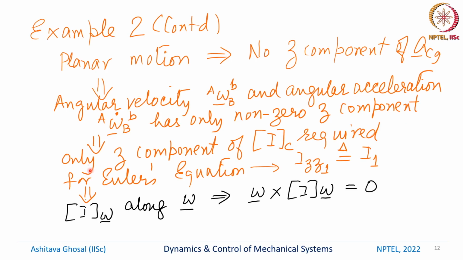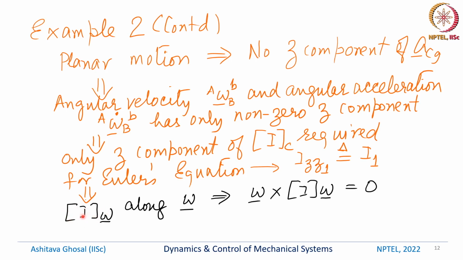Hence, with only a z component, only the z component of the inertia matrix is required, because Ixx, Iyy and the terms which multiply omega x and omega y go to 0, since omega x and omega y are 0. We are only interested in Izz times omega z. So for the Euler equation we need only the z component, which is I1 for link 1 and I2 for link 2.